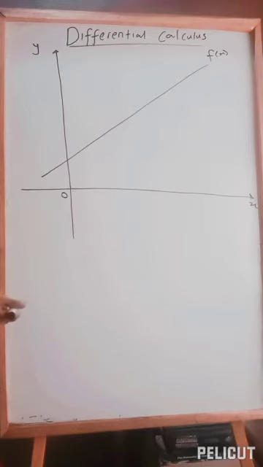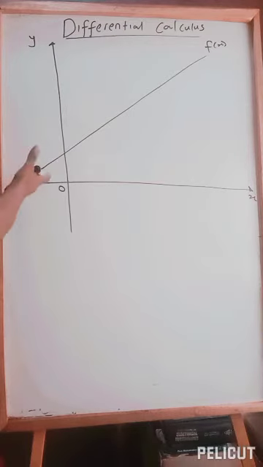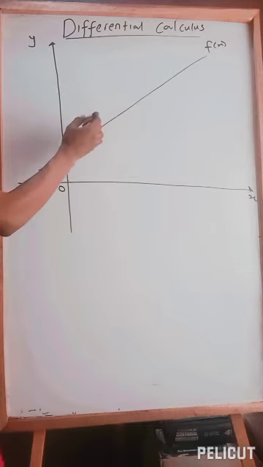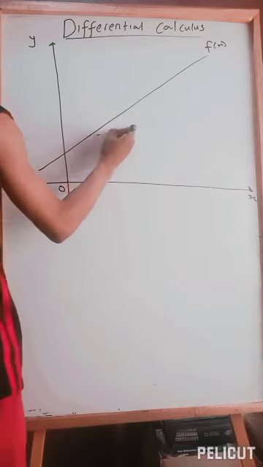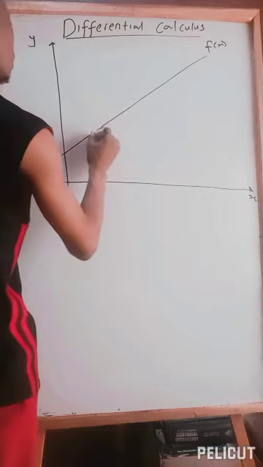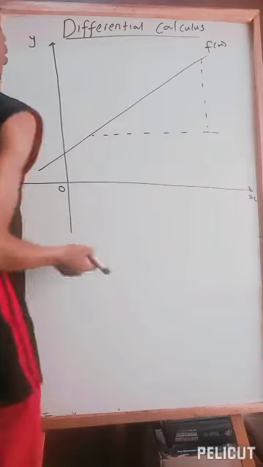The slope of this function, this straight line, this linear function, can be determined by obtaining the angle which this straight line makes with the horizontal. So we can have a horizontal line, let's have it this way, and another one like this. So we have a triangle.